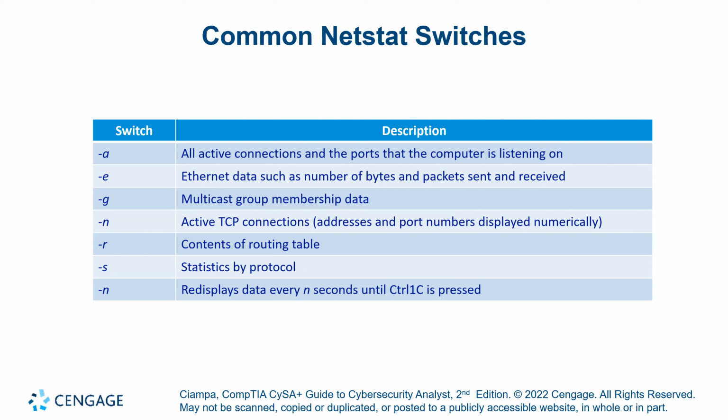And if they have anything listening for this, they'll know that you're scanning. -e, Ethernet data such as number of bytes and packets sent and received. -g, multicast group membership data. -n, active TCP connections, with addresses and port numbers displayed numerically. -r, contents of the routing table. -s, statistics by protocol. -n, redisplays data every n seconds until Control-C is pressed.